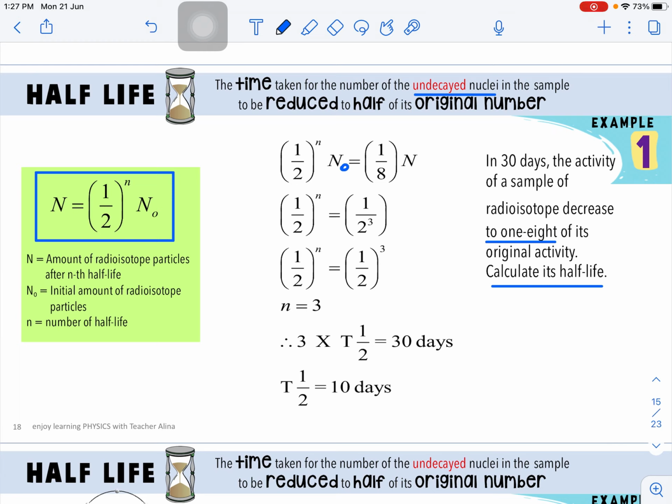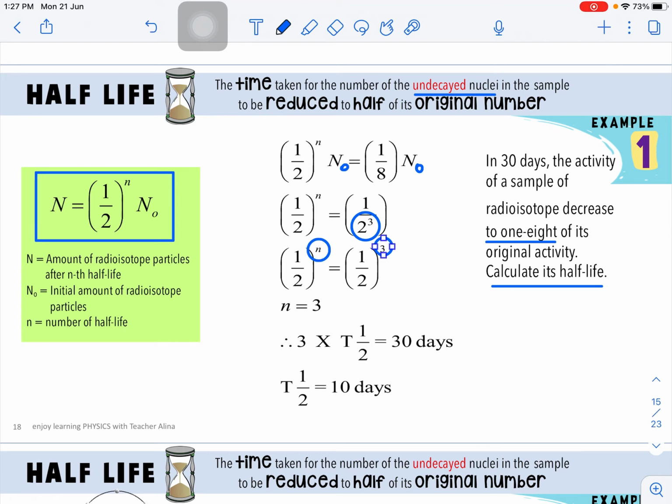So 1/8 of N0. 1/8, 8 is 2 to the power of 3. 2 to the power of 3 equals 8. So the number of half-lives is n. So what is n? n is equal to 3.